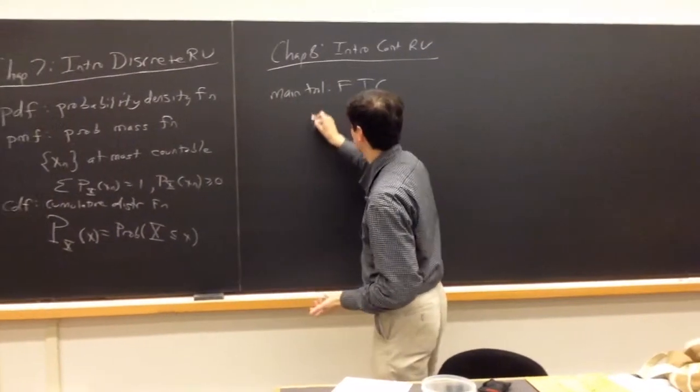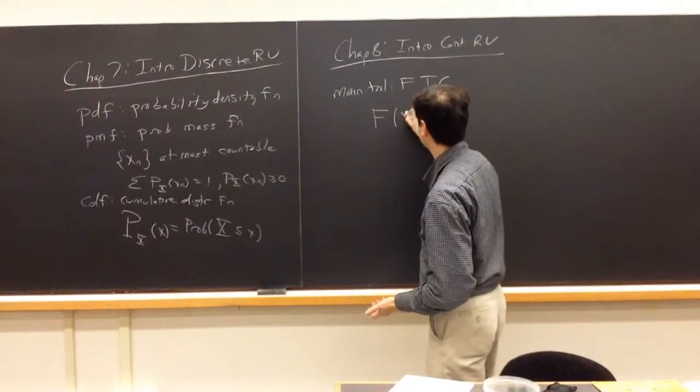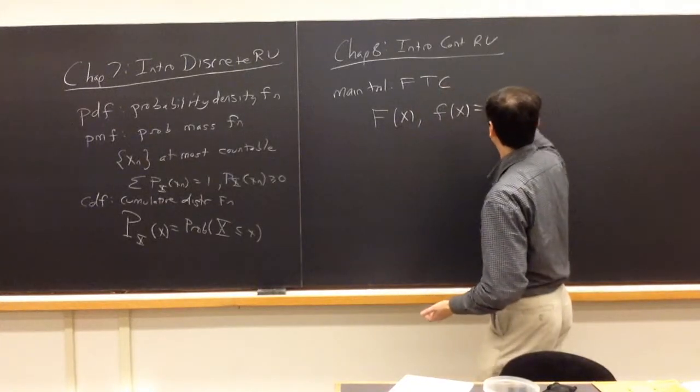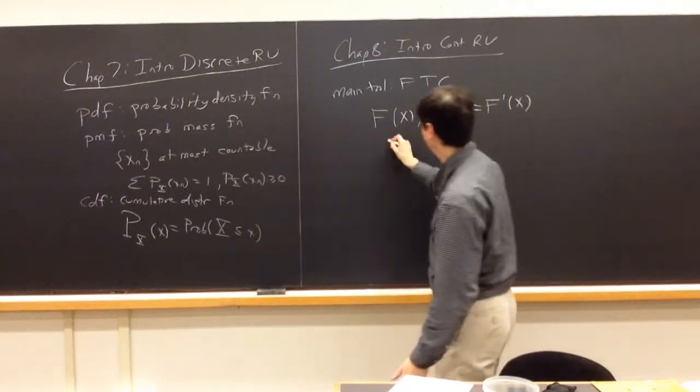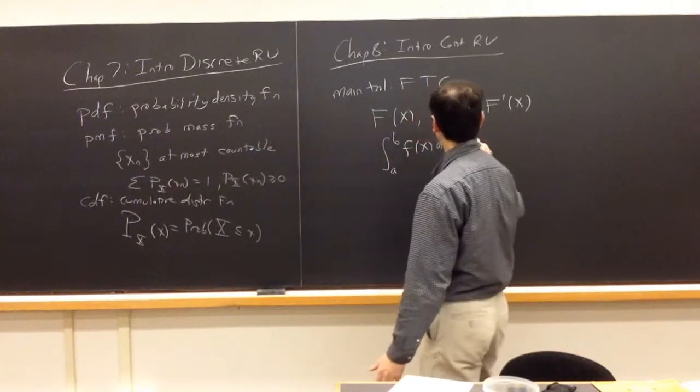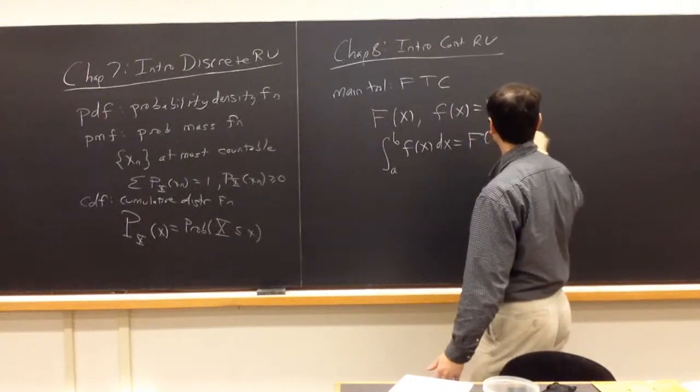Right? What is calculus? Well, we have some function big F of x, and we have little f of x, which is the derivative of big F of x. And if I integrate from a to b of little f of x dx, this is big F of b minus big F of a.